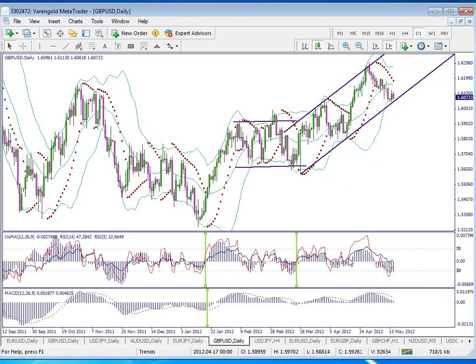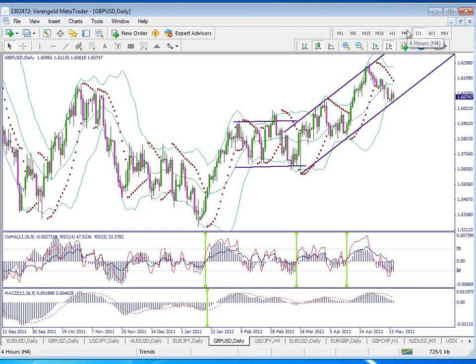Maybe when I have the signal on daily, I can look for different signals for buy on a smaller time frame. Here the MACD also is not giving me a signal for buy or sell. That means that those moves will not be so strong.